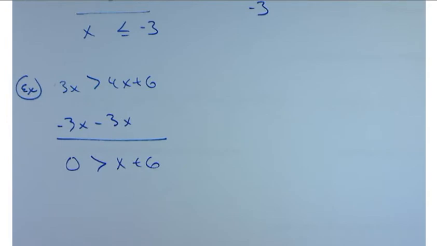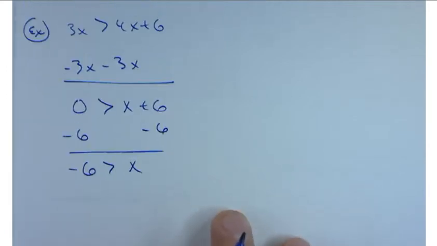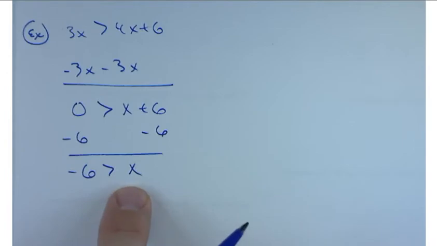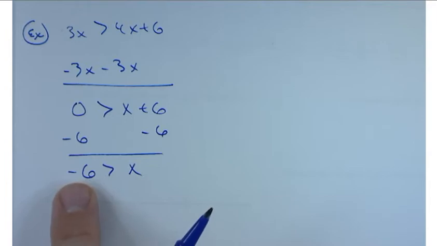We still need to get x by itself, so what do we do? Yeah, we'll subtract 6 from both sides. So we get negative 6 is greater than x. Now, this one, I don't know. It's easier for us to work with the x if it's on the left-hand side. We'll come back to that in a minute.